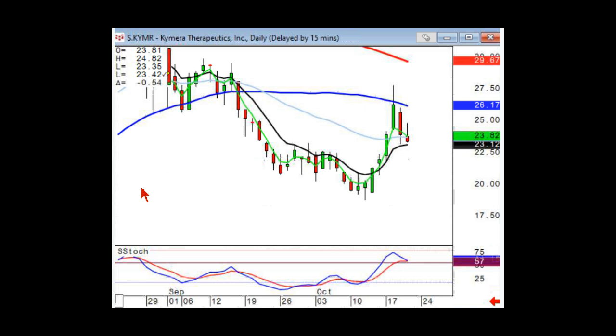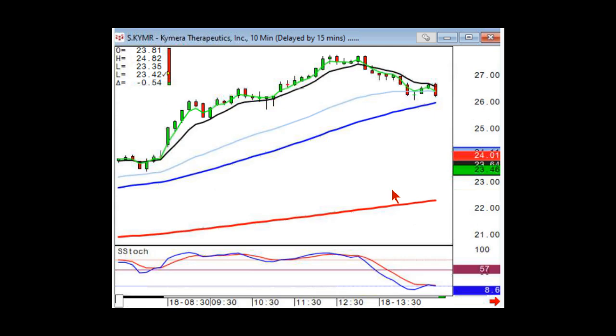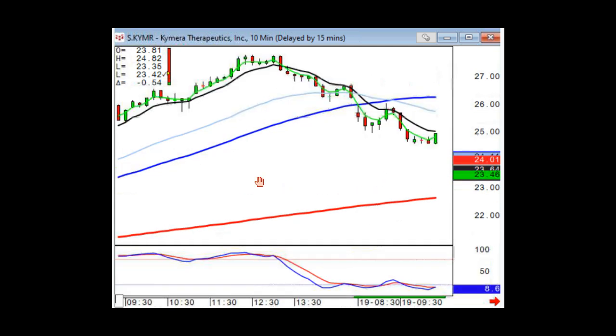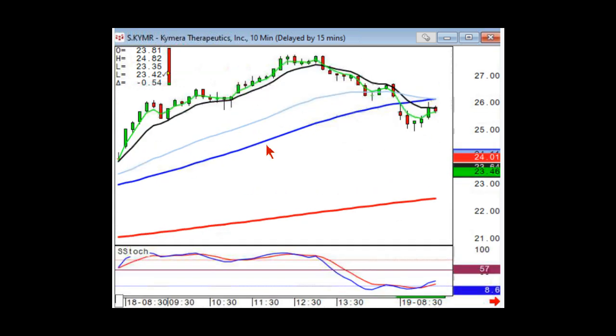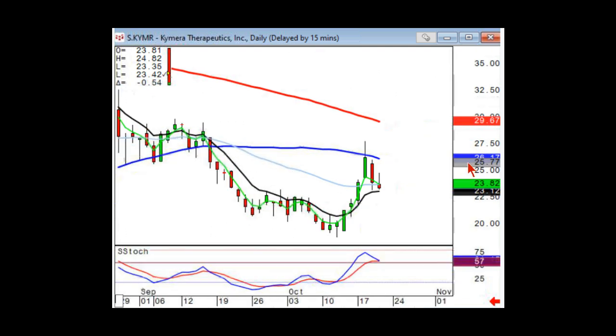So once it got up here, I don't know whether I can find that chart. I'm going to suspect this was it. Let's just say right there is the 50-day moving average. It's at 26.52.